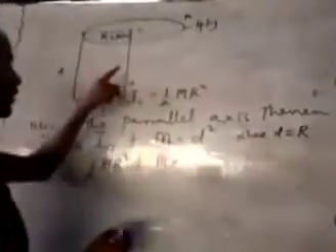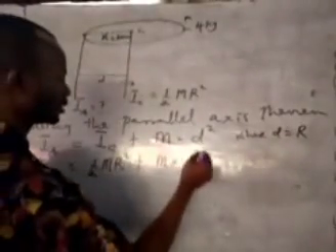I have given the reason for that. So instead of writing d, I can now put r squared, because this distance here is the same as this distance here. So the inertia about the axis A will now be equal to half m r squared plus m r squared. This is very simple now.